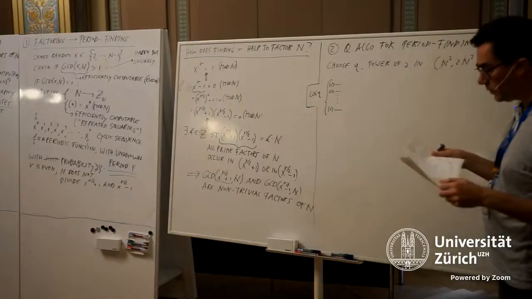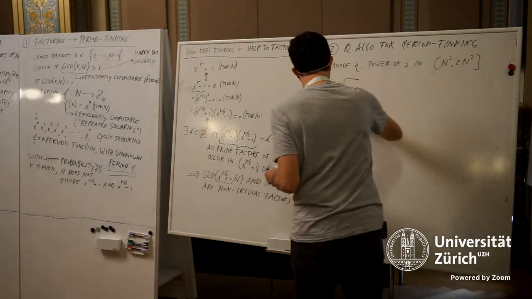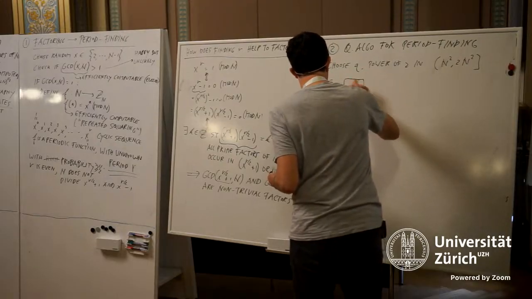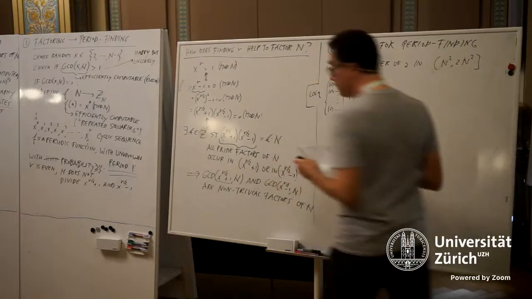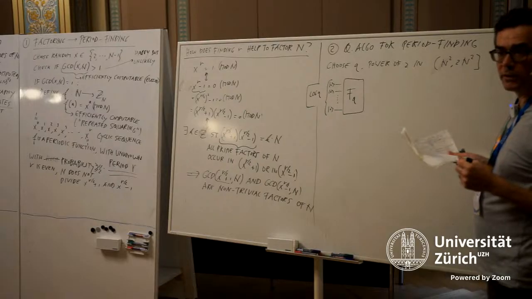in the first register. And we're going to apply a quantum Fourier transform of dimension q here. And we've seen yesterday that there is an efficient quantum circuit to implement this, so that's fine.